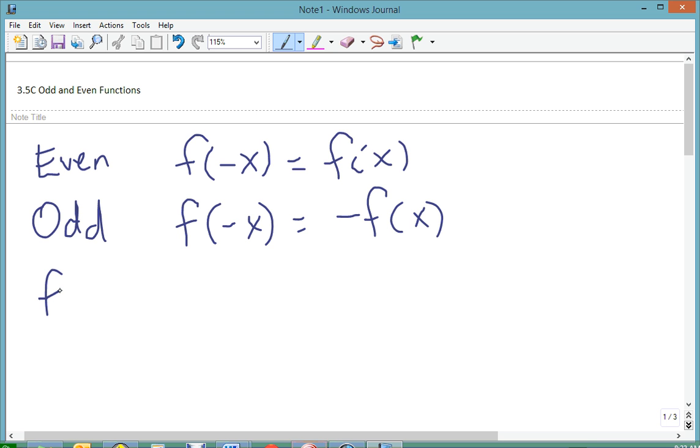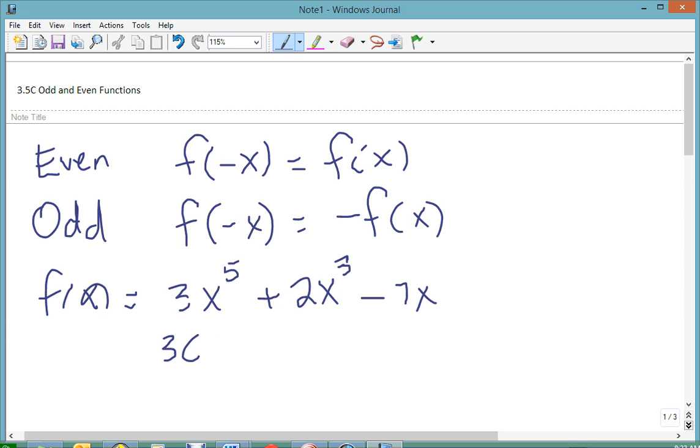So if we were looking at the function 3x to the 5th plus 2x to the 3rd minus 7x, well, when I put in that negative x, you see what happens.